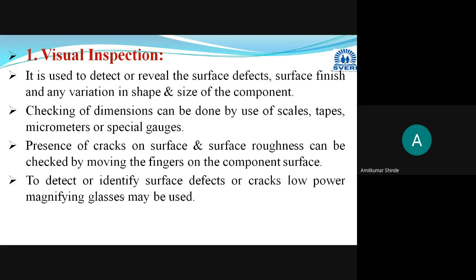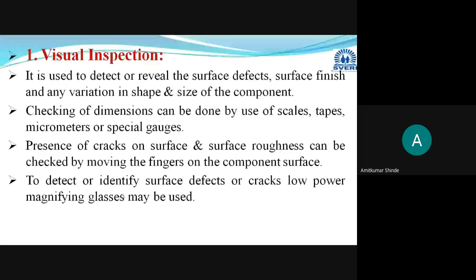Sometimes, if some surface defects are there, you can use low magnifying lenses or low magnifying glasses to detect some surface cracks. Surface cracks or surface defects can be detected with the help of low magnifying lenses.